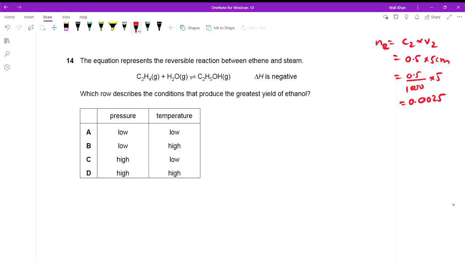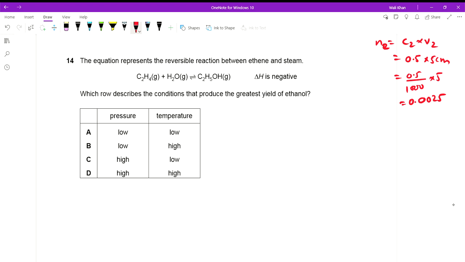And why does this happen? We say that the enthalpy change is negative. The reaction is exothermic. It means that heat is released, according to IGCSE chemistry principles.